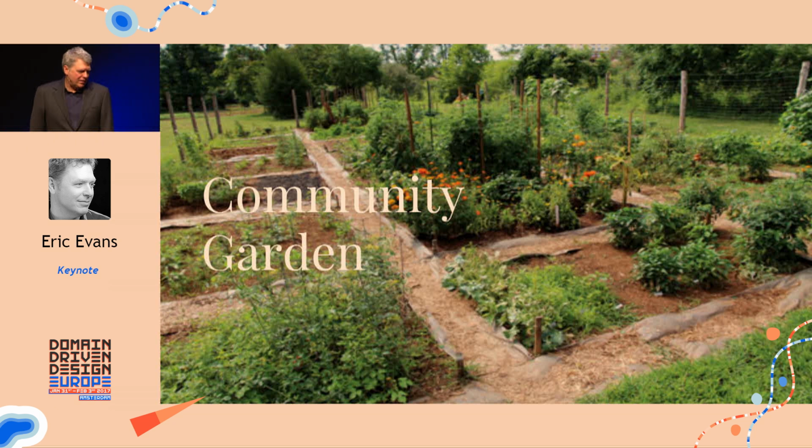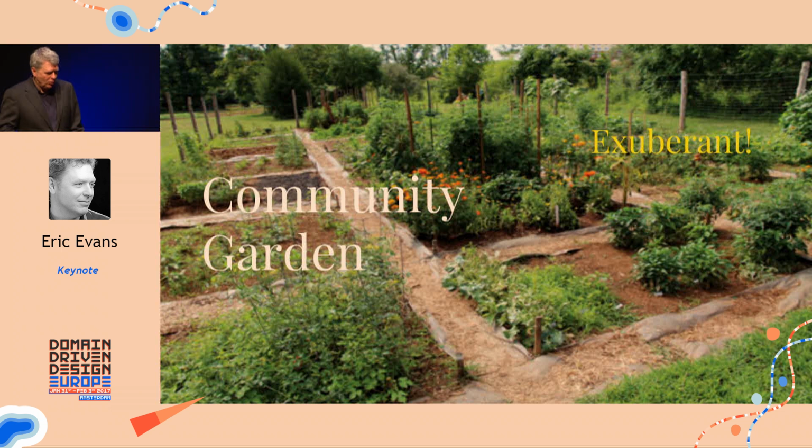A community garden. So in a community garden, we have different plots that are allowed to be gardened by different people. And you look at a typical community garden, and it doesn't look like a designed garden like a Buckingham Palace garden or something.